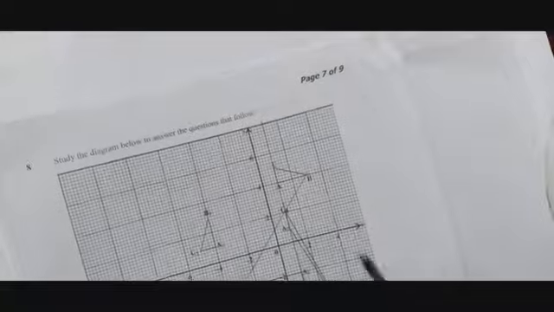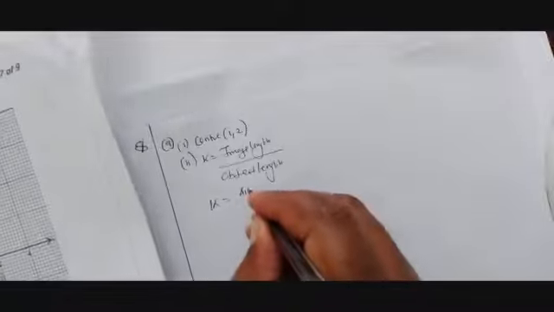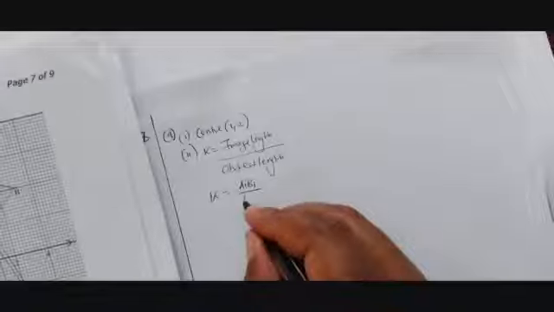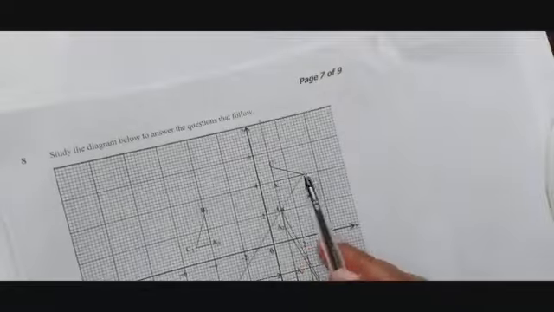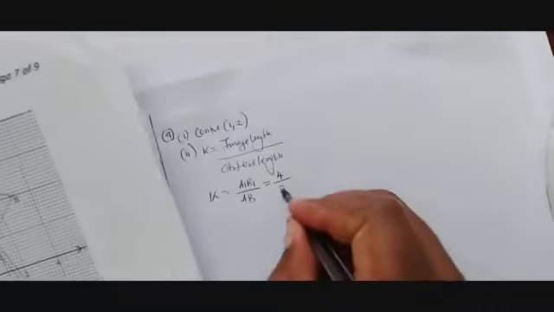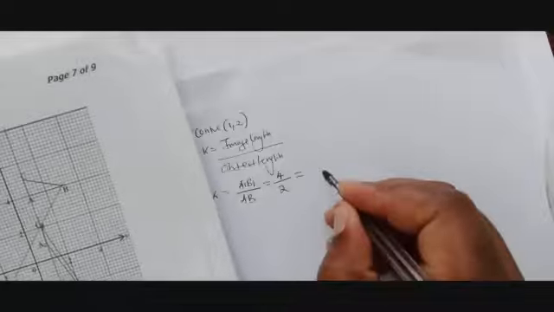The image is A1 and B1, so you can say A1 to B1 divided by the object AB. From A1 to B1, this is like 4, divided by, from here to there, this is 2. So 4 divided by 2, you have 2.